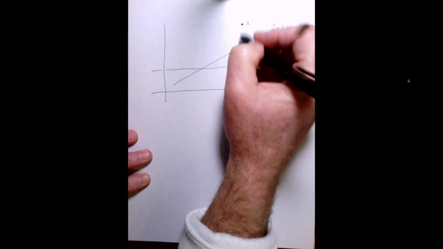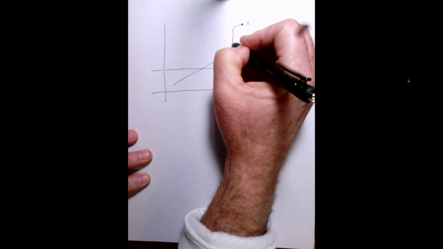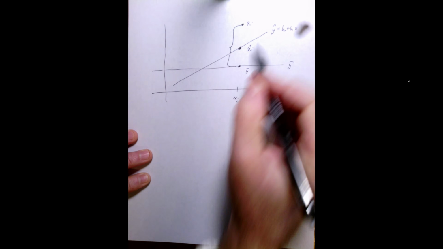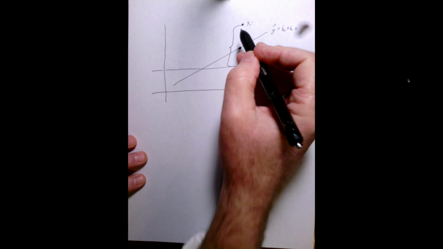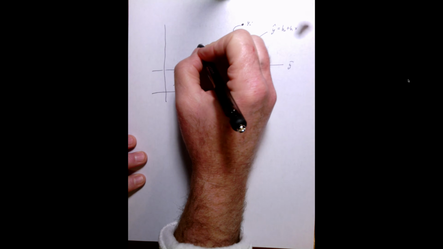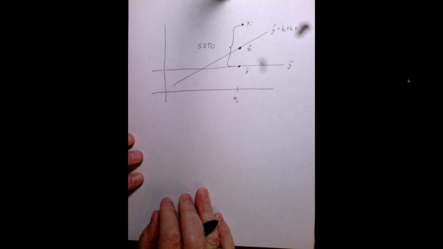Now, if we look at the variation of these points, just focusing for now on one x sub i, well, this difference right here is what we refer to as the sum of squares total.